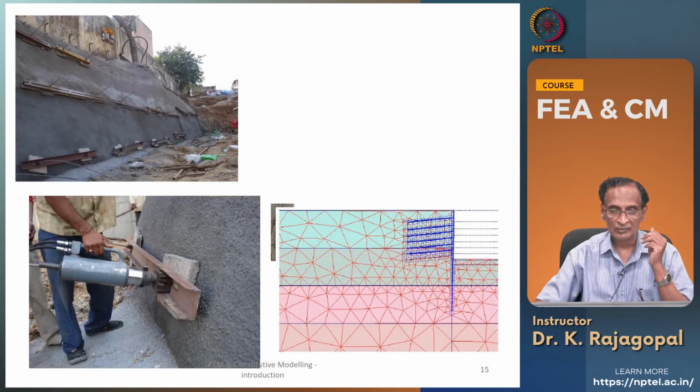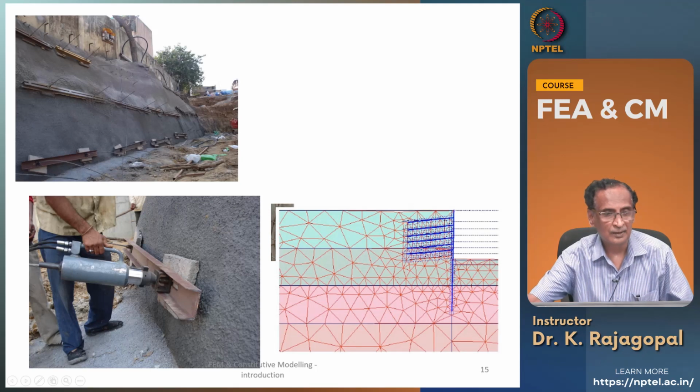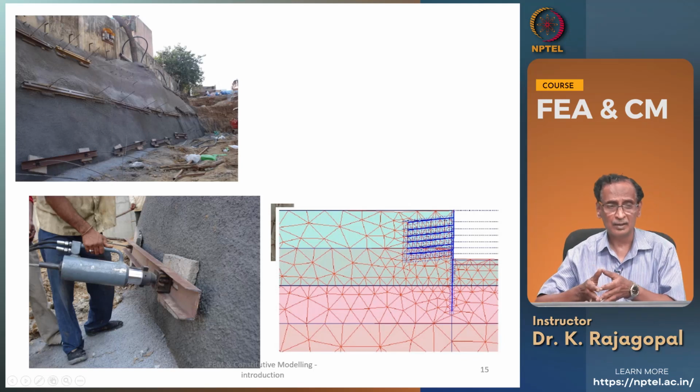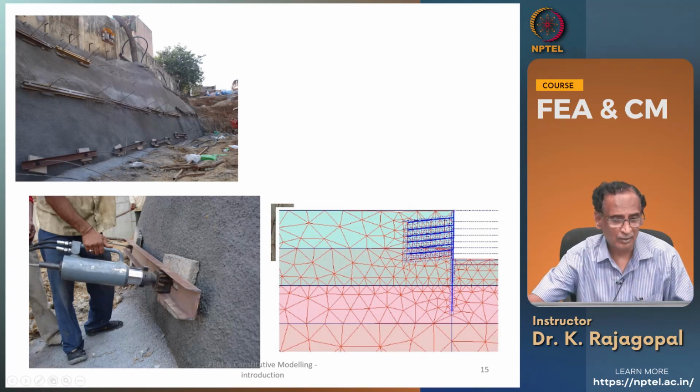Here you see the surface itself is protected by spray concrete, and some rows of these nails are pre-stressed.